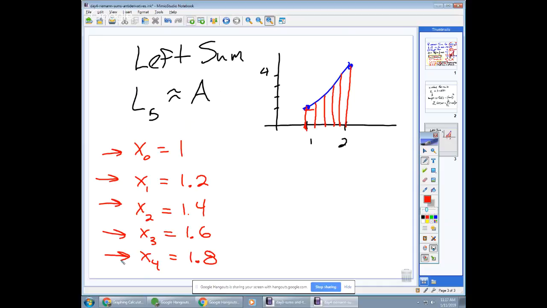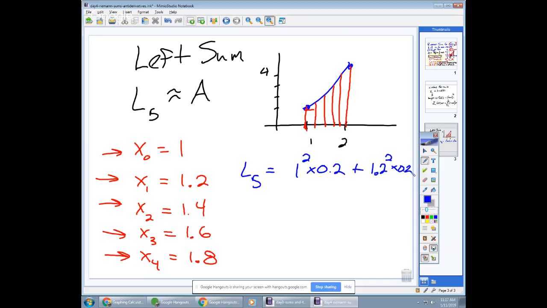Okay, what do I do with these x values next? Plug them into the function, then multiply by the width, and then add them all up. So my L5 is going to be: take 1, plug it into my function, multiply by 0.2. Plus, take 1.2, plug it into my function, multiply by 0.2.